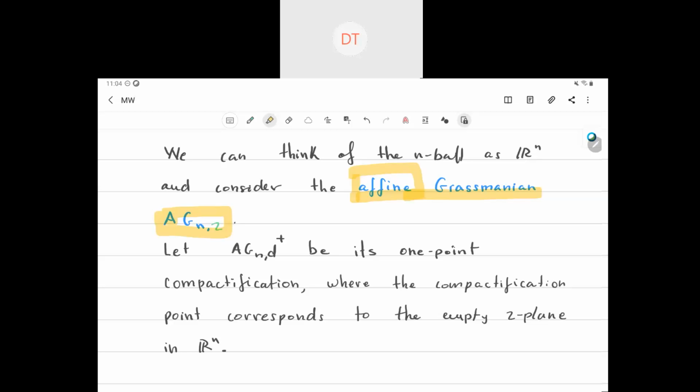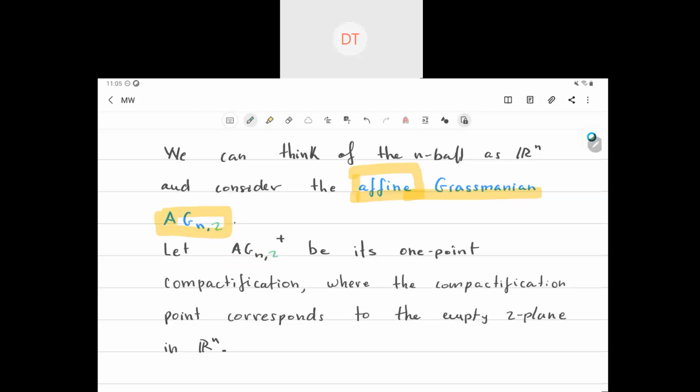And that's kind of lying, because I said that most of the time we get nothing while we scan. Most of the time we get an empty copy of Rn. So the way we fix this is, let's consider AG(n,2)+, where plus denotes the one-point compactification.